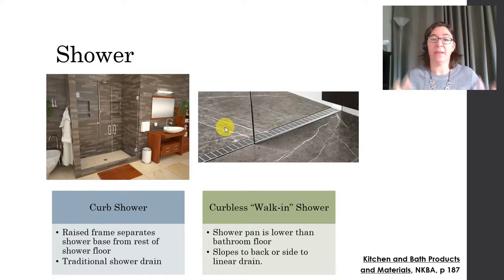You can't see it because we've lowered the bathroom floor slightly so that the shower floor can remain at the same level as the rest of the bathroom floor. The curbless or walk-in shower typically slopes to the back or to the side to a linear drain, and we see a linear drain right here. It's not the same as this traditional one-point drain.